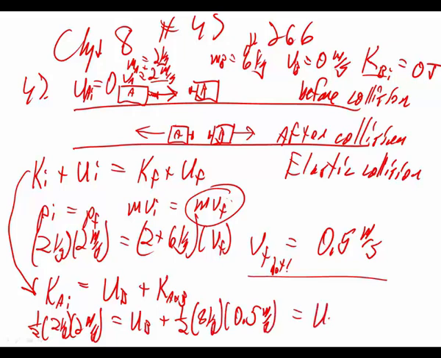And we should get a U B of 3 joules. So that would be the elastic potential energy at the time of the collision. This question's a little bit, the way they worded it, it didn't word it clearly.